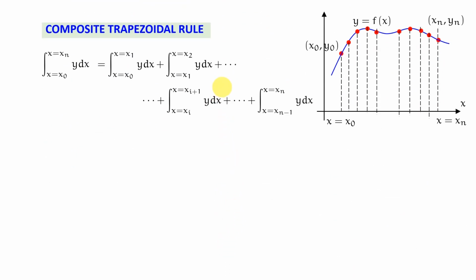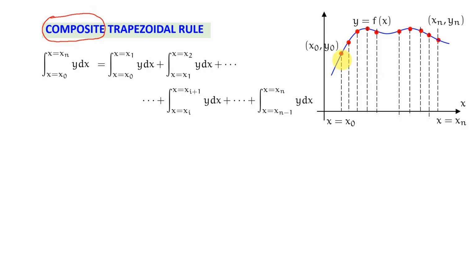Now, since error depends on h, we want to take small h, and to do so, for almost all practical cases, we don't use the simple trapezoidal rule that I have just shown. What we do is something that we call a composite trapezoidal rule. And what does it do?